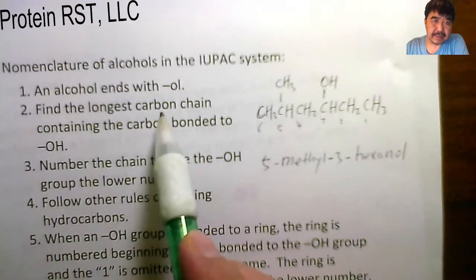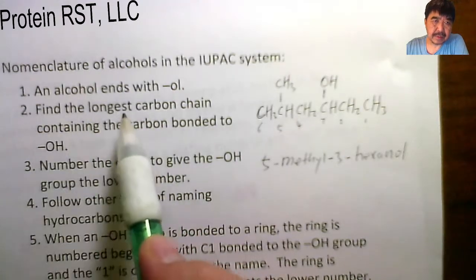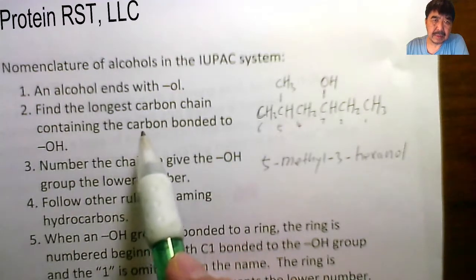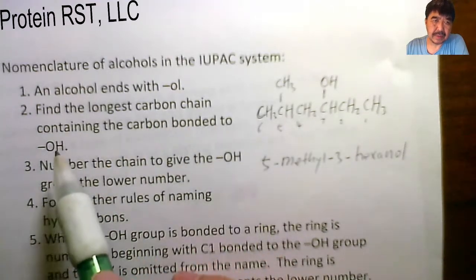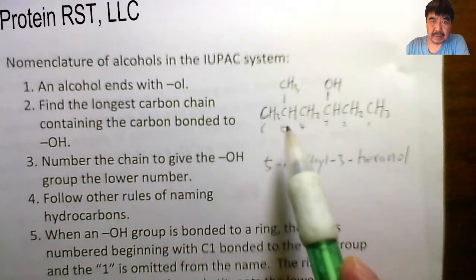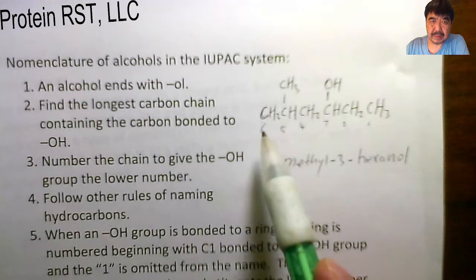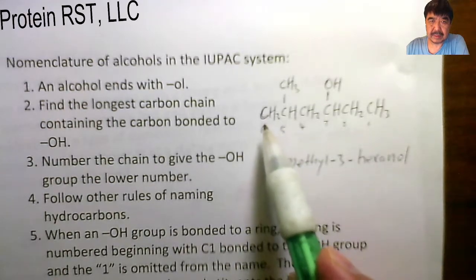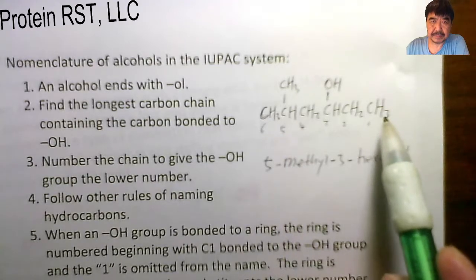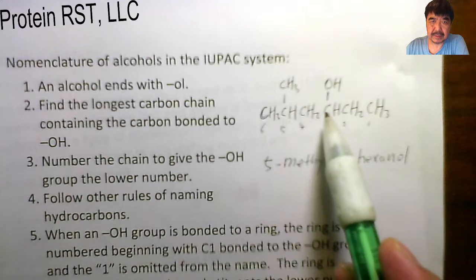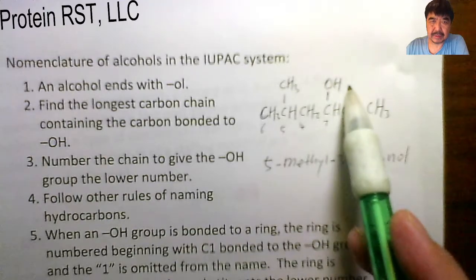Second step, find the longest carbon chain containing the carbon bonded to the hydroxyl group. In this example, you can see the longest chain is a 6 carbon chain here. The number 3 carbon, C3, has a hydroxyl group.